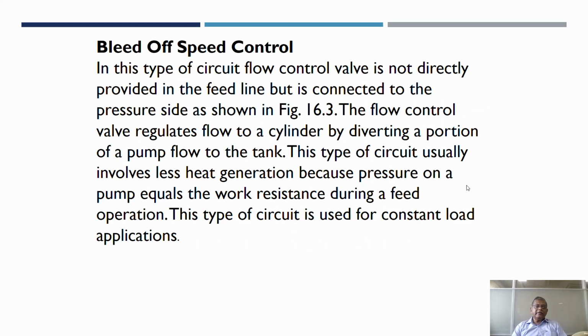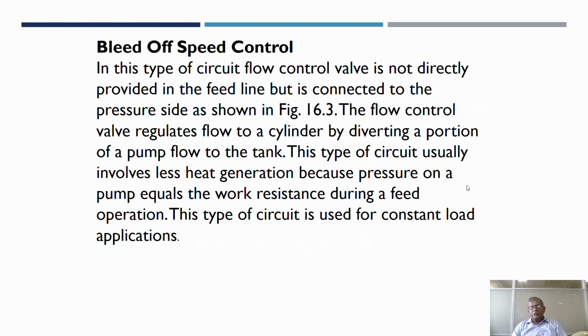Bleed-off speed control. In this type of circuit, the flow control valve is not directly provided in the feed line but is connected to the pressure side as shown in the figure. The flow control valve regulates the flow to the cylinder by diverting a portion of pump flow to the tank.